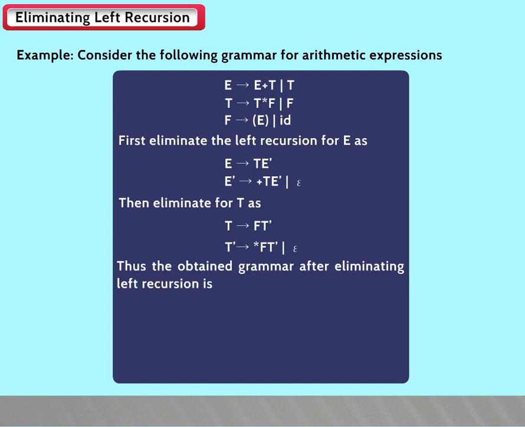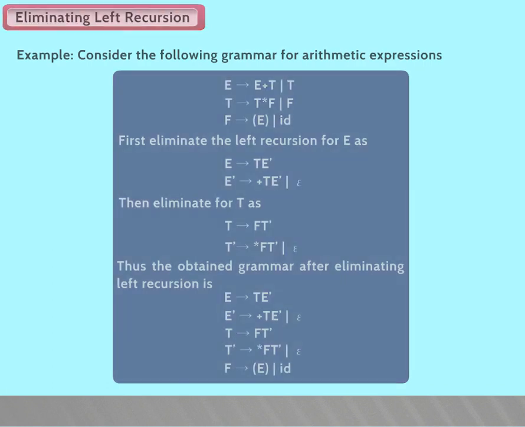Thus, the obtained grammar after eliminating left recursion is E provides TE dash, E dash provides plus TE dash epsilon, T provides FT dash, T dash provides multiplication FT dash epsilon, F provides E, ID.